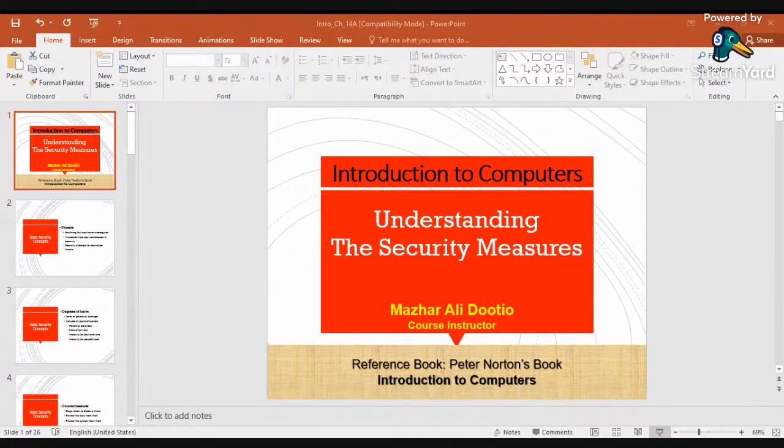Cybercrimes may be hacking, identity theft, cyberbullying, cyber stalking, financial fraud, digital piracy, computer viruses and worms, malicious software, intellectual property rights violations, money laundering, denial of service attacks, electronic terrorism, vandalism, and exploitation, and so on. So these are the types of cybercrime.